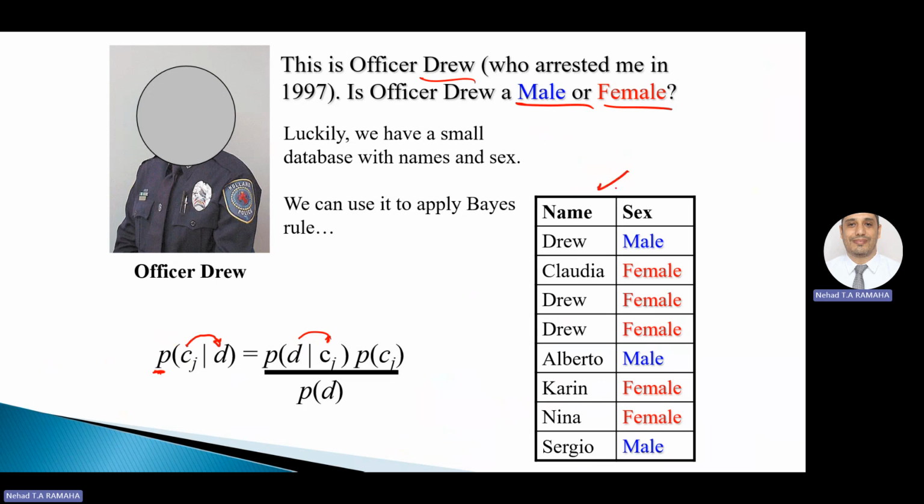So here's the data set. We have this data set from this office. We have the names Tru, Claudia or something like this, Tru, Karin, Nina, Sergio Ramos. Sergio Ramos, yes. I don't like him.